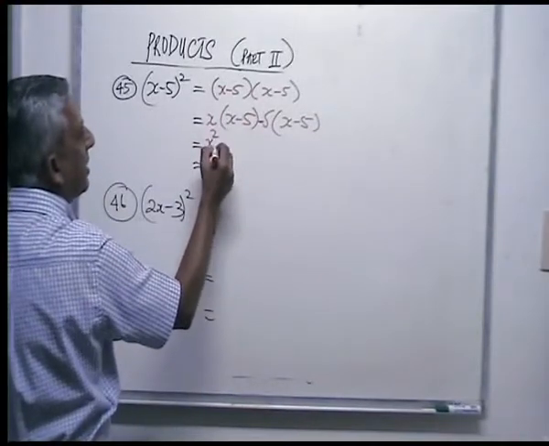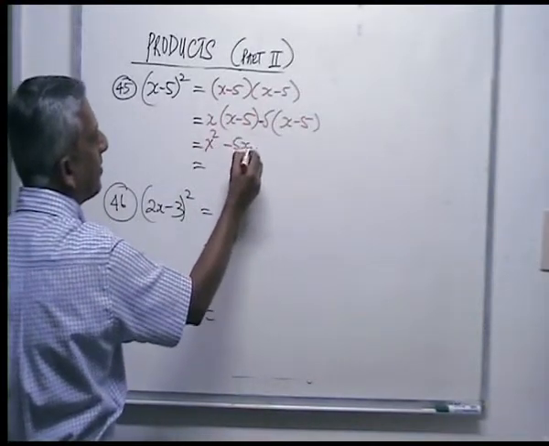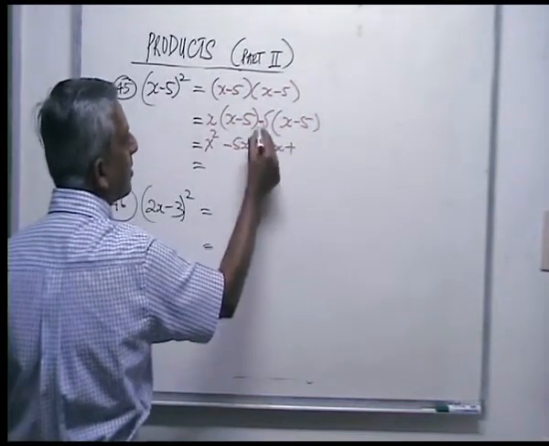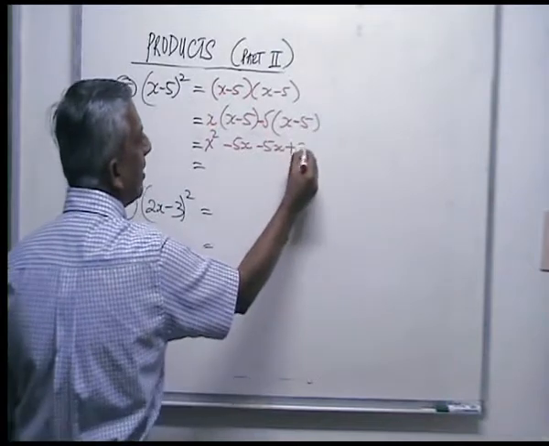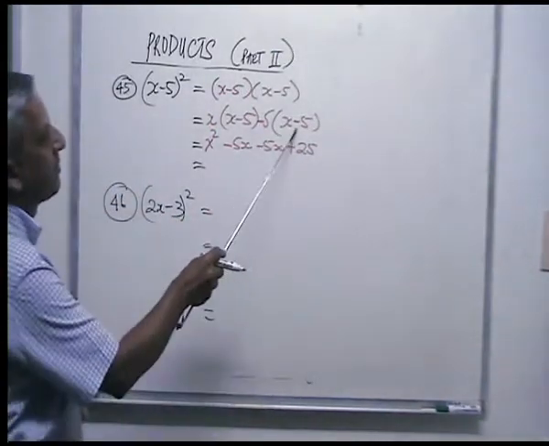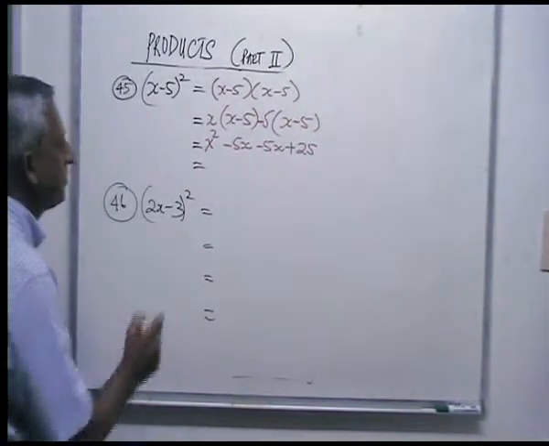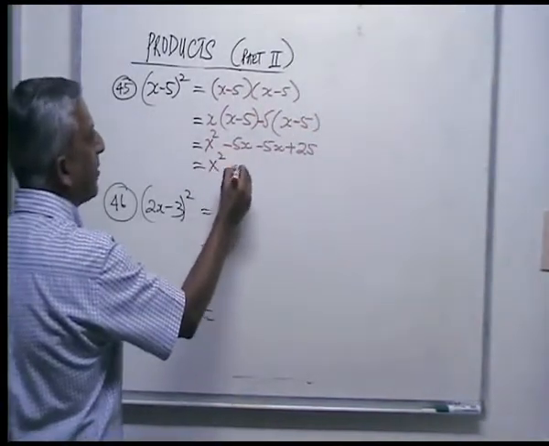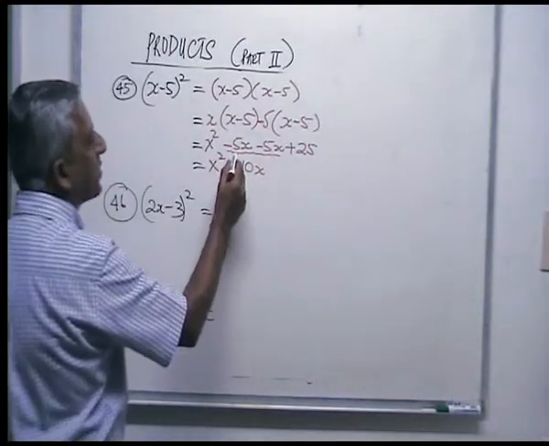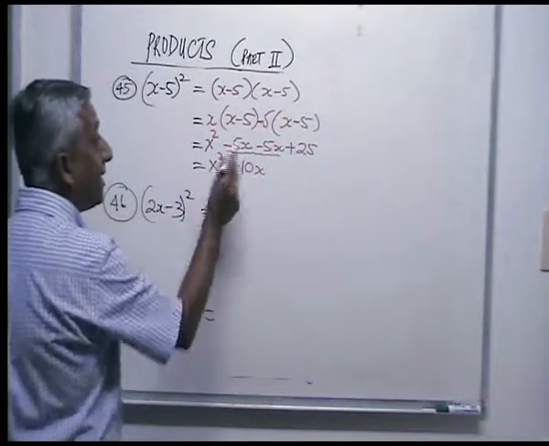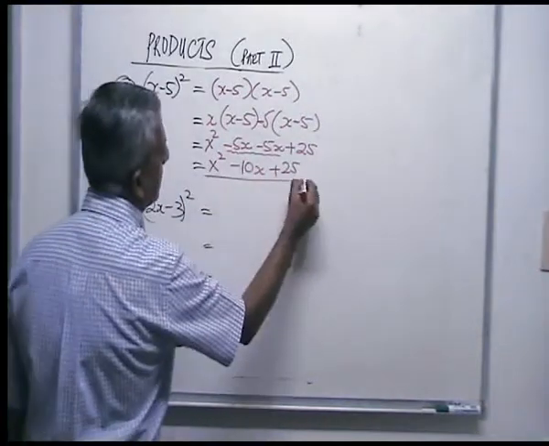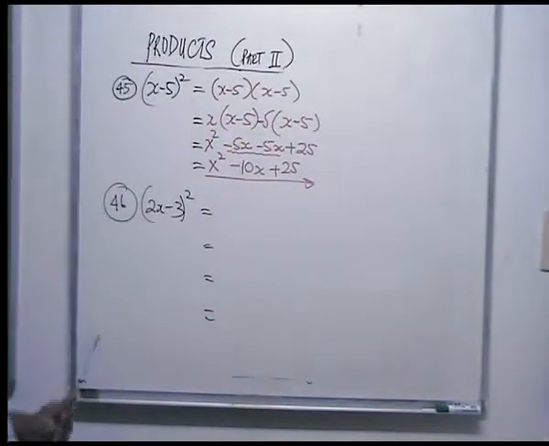When you multiply that, you get x squared minus 5x minus 5x plus, because you got minus 5 times minus 5 plus 25. Because minus times minus gives you plus. And that finally gives you x squared minus 10x, because you are adding these two up. Minus 5 plus minus 5, you're adding them up, plus 25. So that finishes number 45.